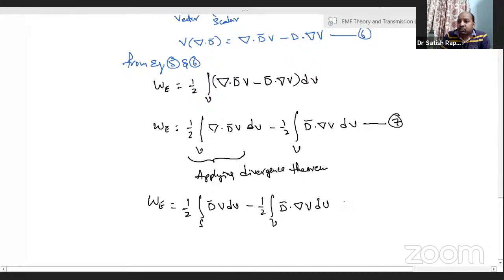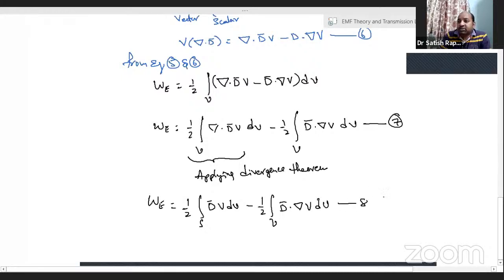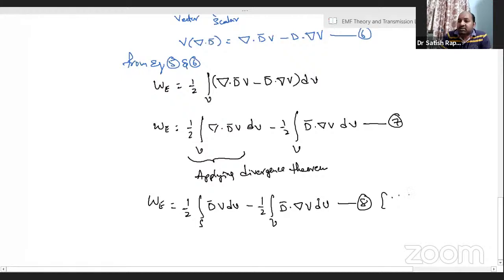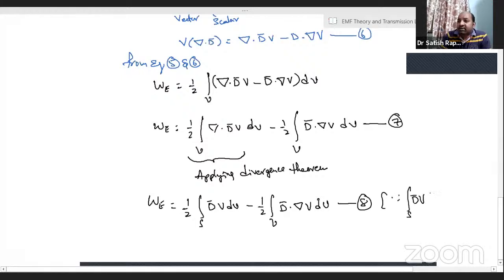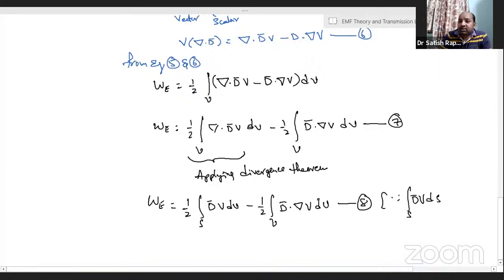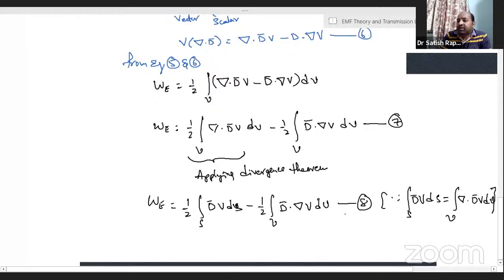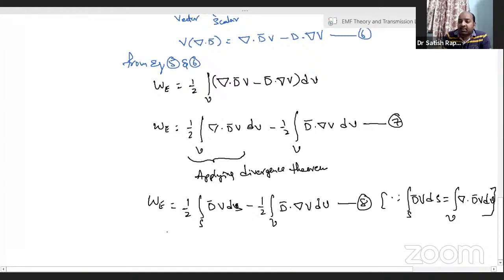Let us say this is equation 8, since surface integral of D bar V dS is equal to volume integral of divergence of D bar V dv. So this is the divergence theorem.